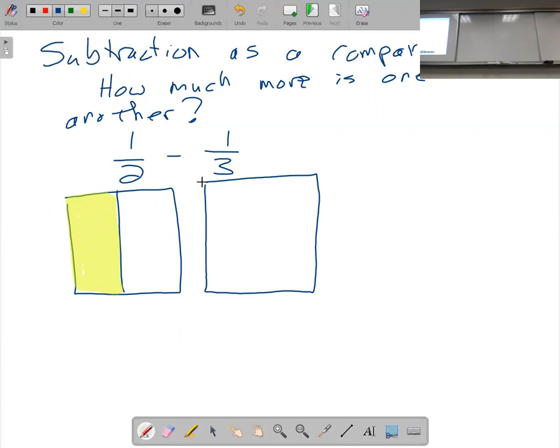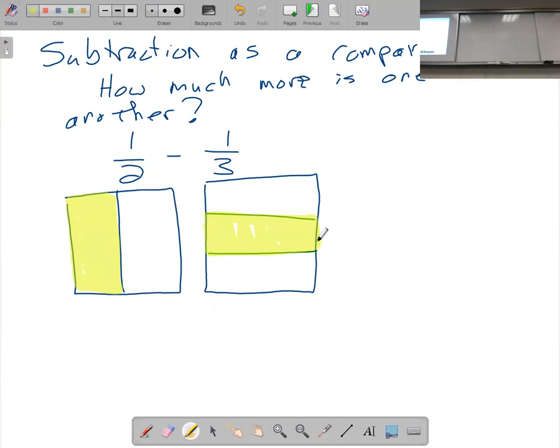Cut that the other way, vertical versus horizontal, whichever you didn't do first, and shade again. The middle one this time. Are each of these pieces the same size, directly comparable? They're not, right?